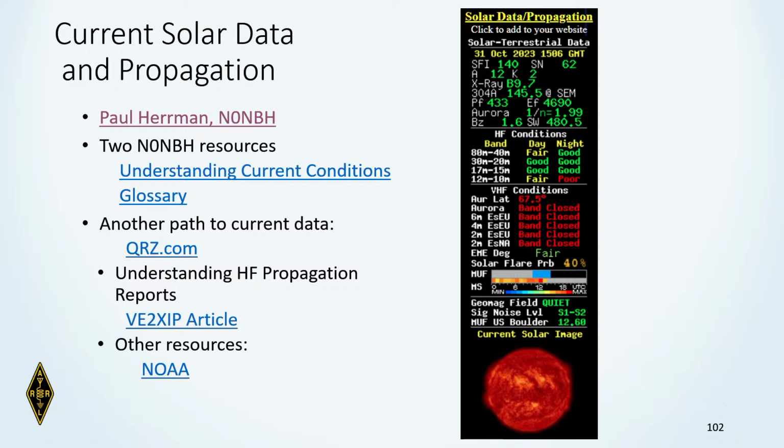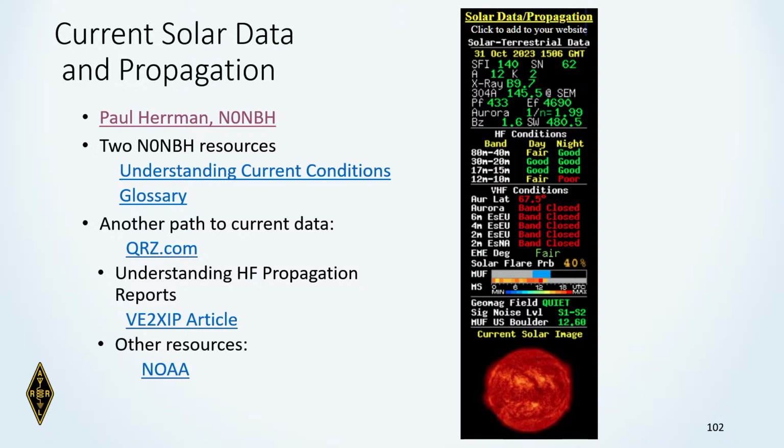There's a PDF for that, and I'm going to be including that in our handouts for this class. I had intended to actually email them to everybody, but you can get them just as easily from Gary's handout link that he'll be sending out tomorrow. And then he's got a glossary. So he'll be talking about how these different factors affect propagation. Then the glossary gives you some information about what each of these funny things are, like what is BZ, for example. That's in the glossary.